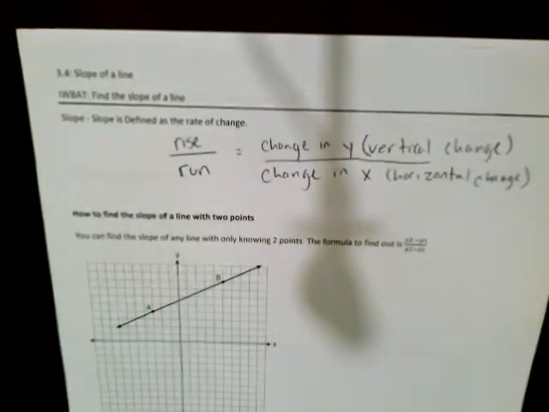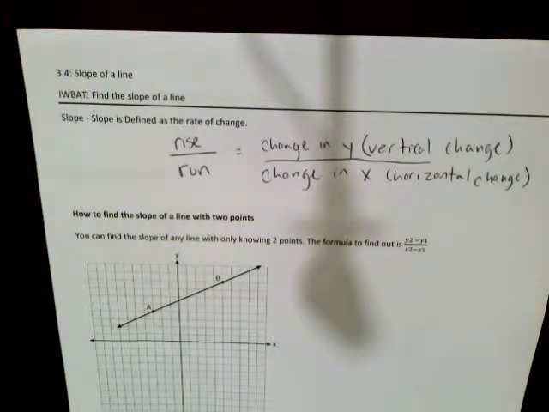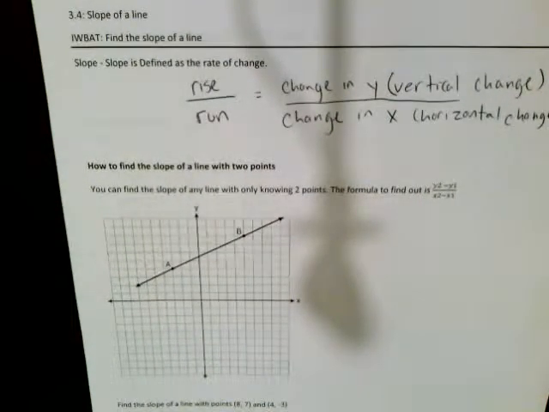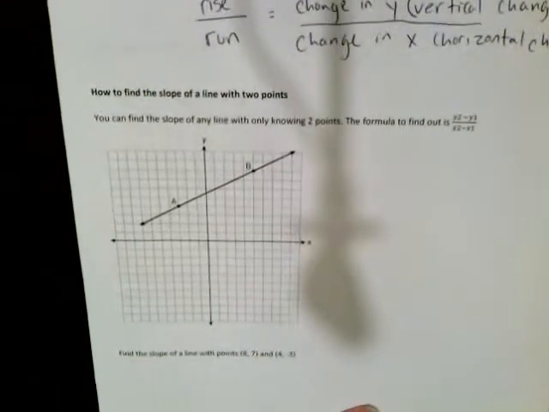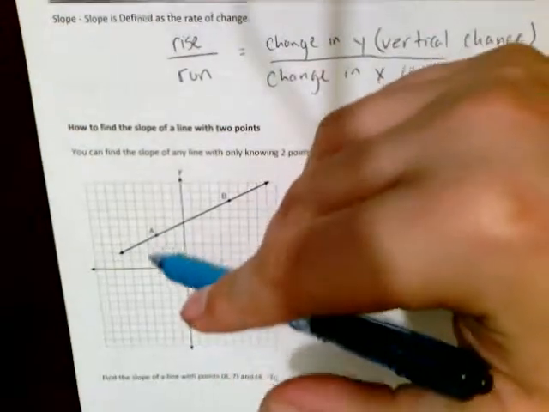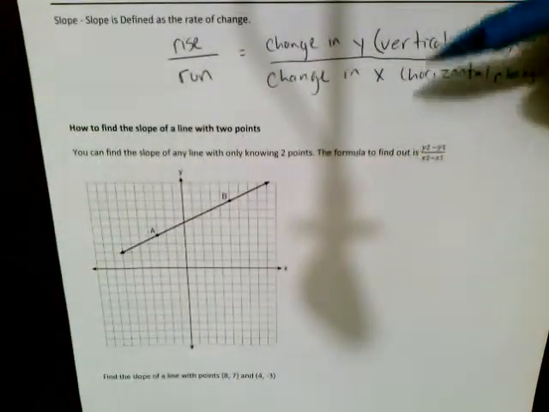Now, how do you find slope with 2 points? Well, if they give you the graph itself, it's kind of easy to do, but if they give you 2 points, you use a formula.